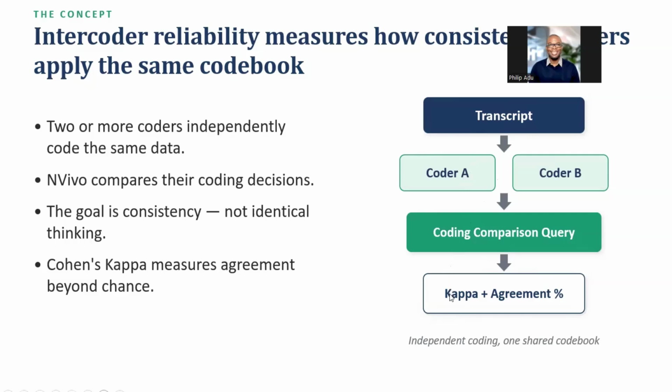I'm going to talk about Kappa, which measures the degree of consistency among the coders in terms of how they apply the code to a specific segment of the data, right? There should be a selected transcript that you give to two or more coders, and there should be an agreed code book that is used in coding. And after that, you can run the analysis to measure the intercoder reliability.